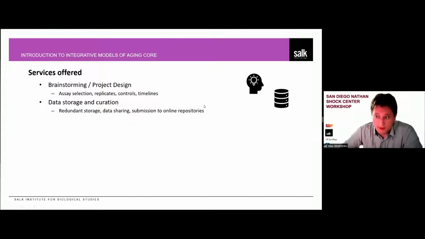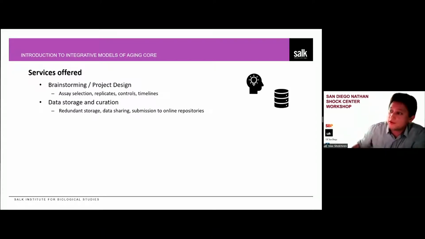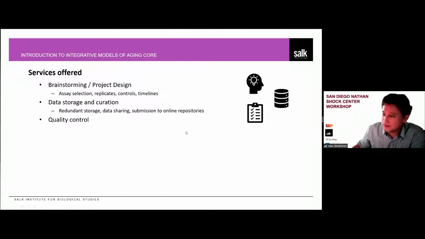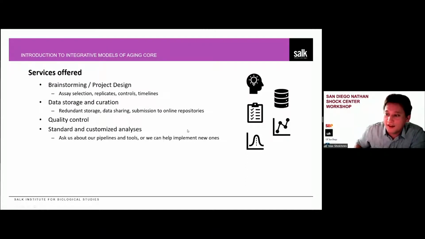We also have, as I mentioned, data storage and curation. Everything is stored in redundant, backed up servers, and we can also help with online submission to repositories. We perform quality control to make sure everything is technically sound. And then we have many different types of standard and customized analyses. Pretty much anything you can think of, we can implement.